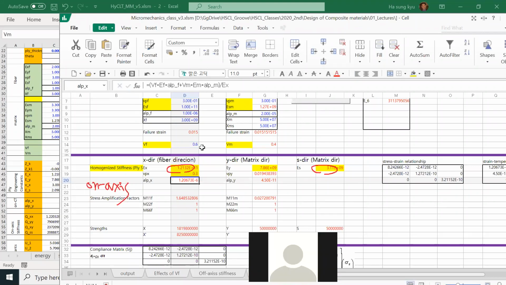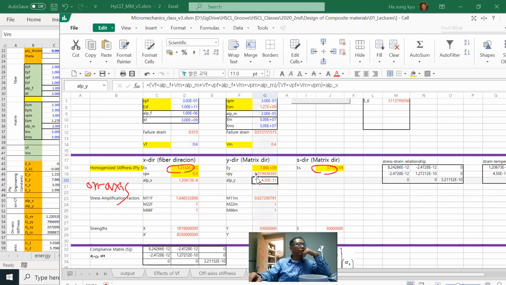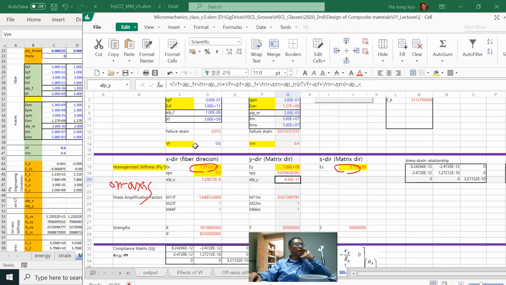That is the little difference. And this one VPF. Okay, VM alpha X.